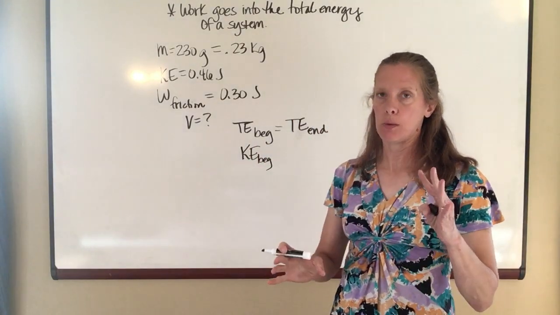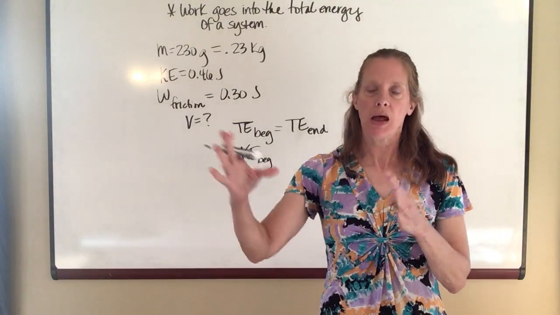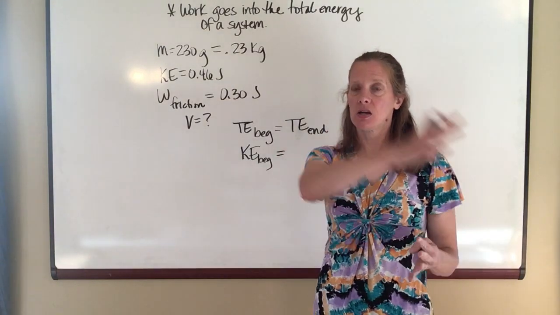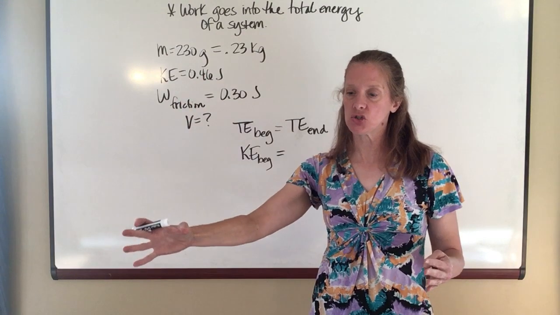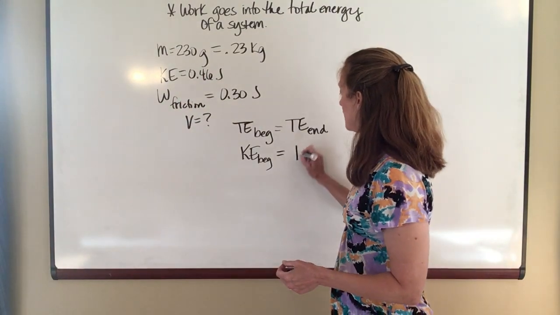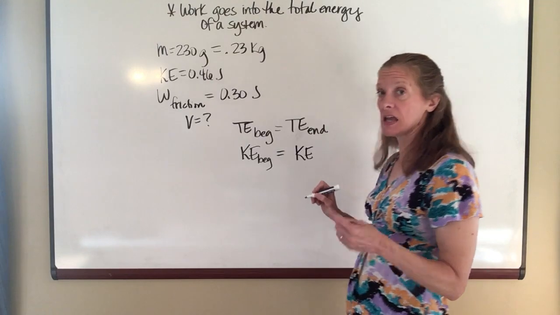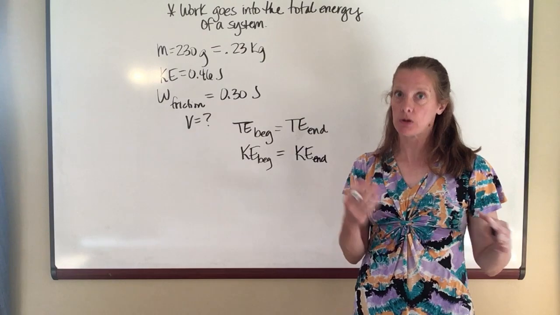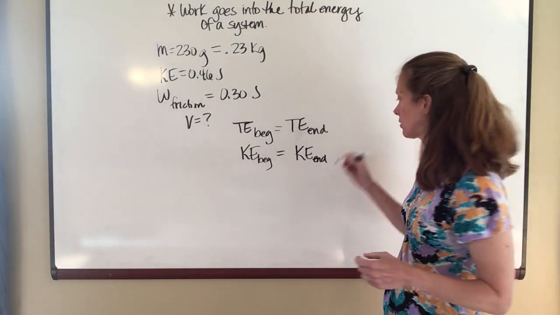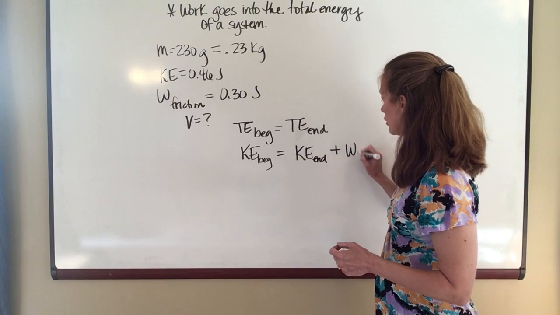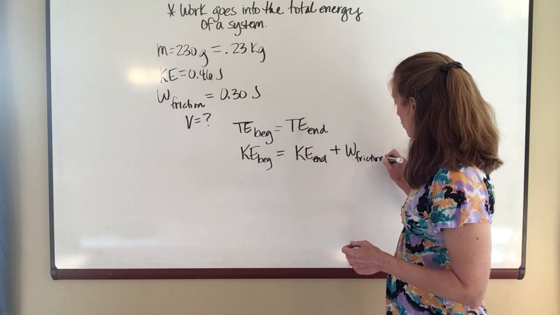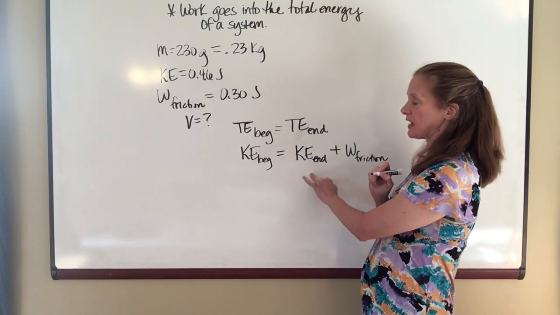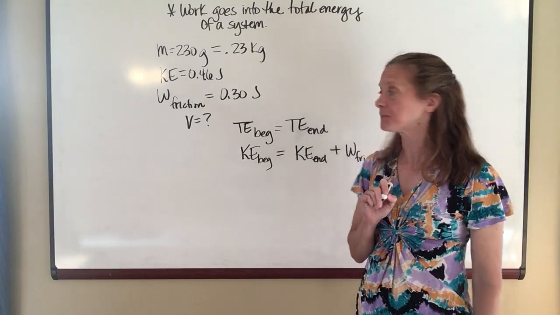When I get to the other side of the room, it still has some kinetic energy, but a different amount, because the car will have slowed down because of the work that friction's done on it. The work that friction has done takes away from what that kinetic energy was. So if I add those two together, that should equal the kinetic energy at the beginning.